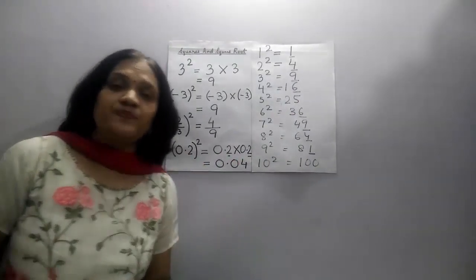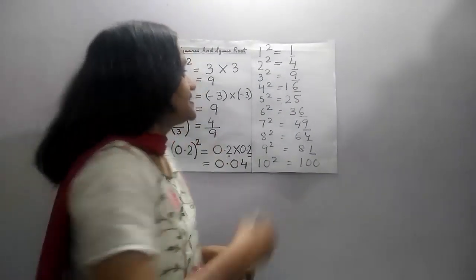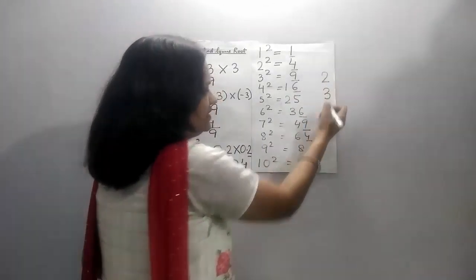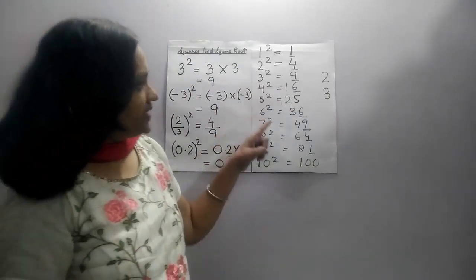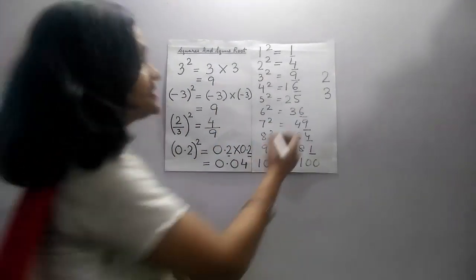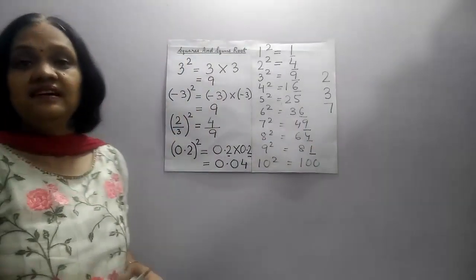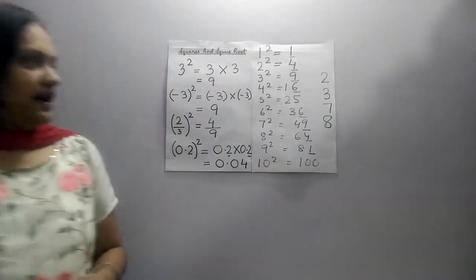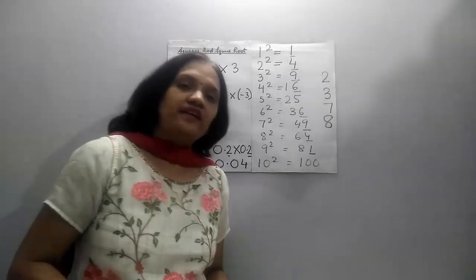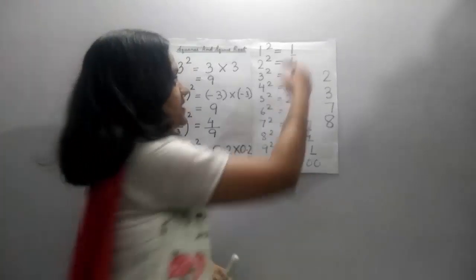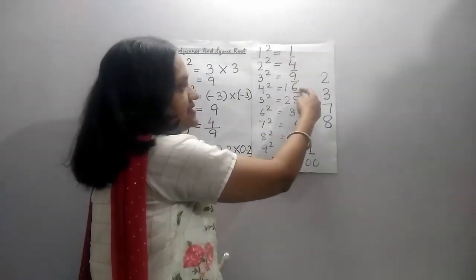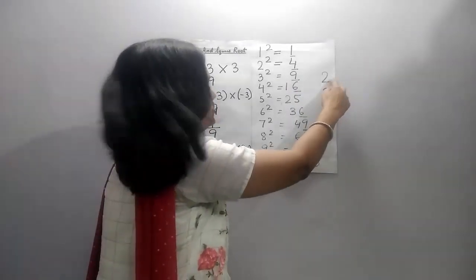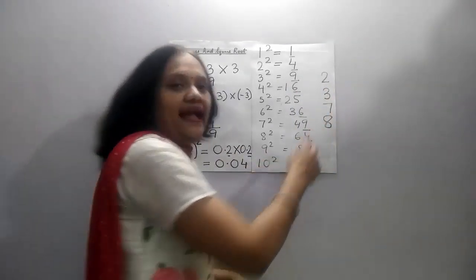The digits which are not present at the end of these squares are the digits 2, 3, which other digit is not present here? 7 and 8. So we come to understand that the square of a number can end with a 1, 4, 9, 6, 5 or 0. A square cannot end with 2, 3, 7 or 8.